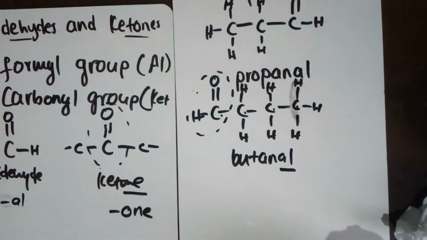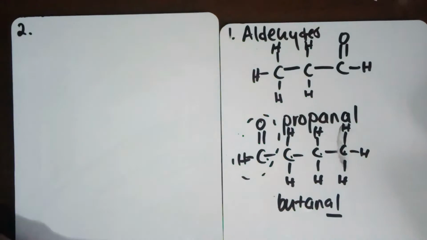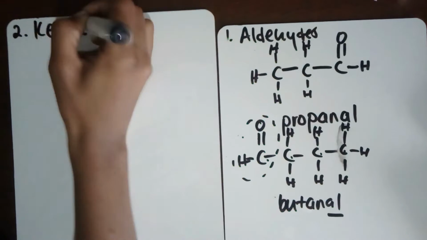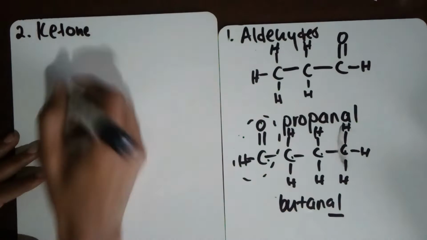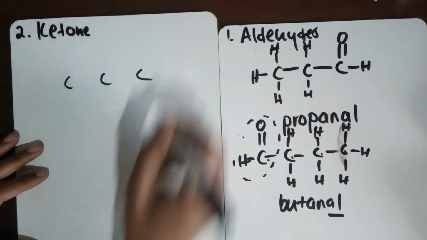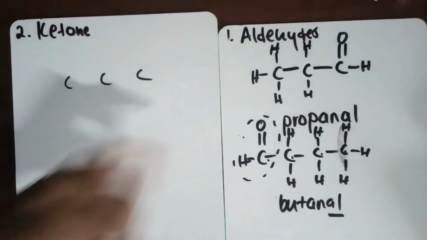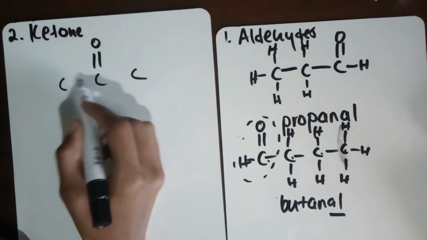Let us take the case of a ketone quickly. On this side, let us now talk about ketones. And let's take a ketone with 3 carbon atoms still. 1, 2, 3. So that double bond cannot be on this carbon or this carbon because it's a ketone. So it will be on this carbon here.